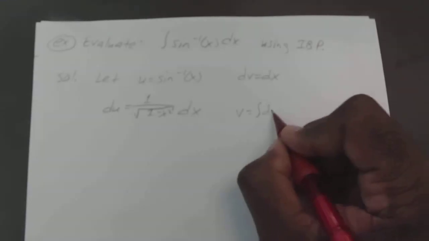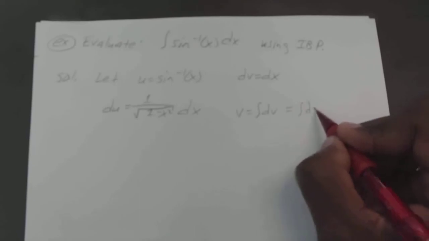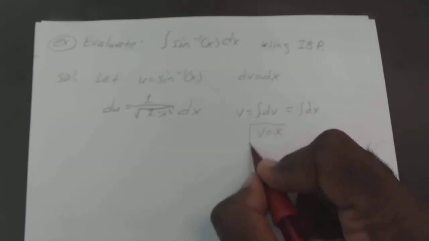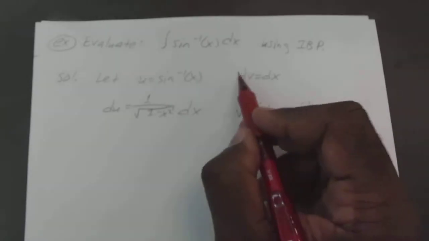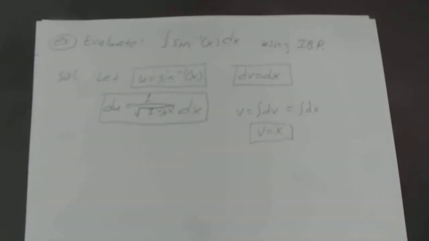And our v, which is the integral of dv, which is just the integral of dx, our v is equal to x. So we have our v, our dv, our u, and our du.